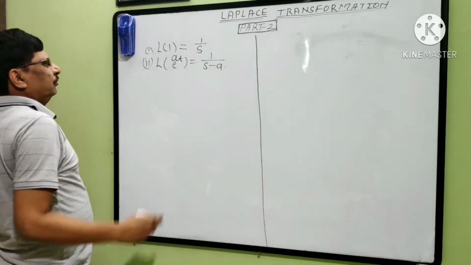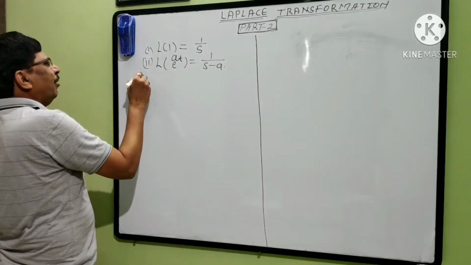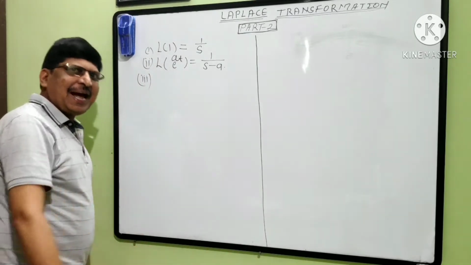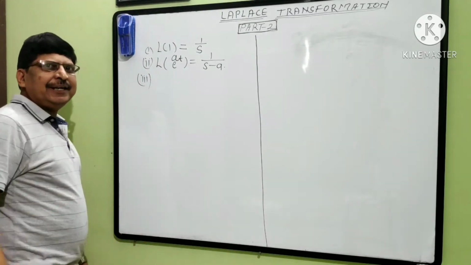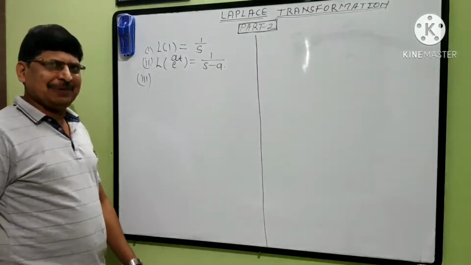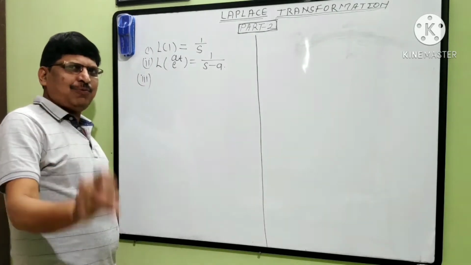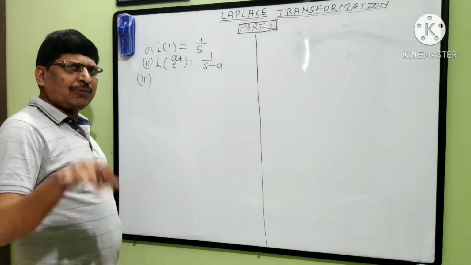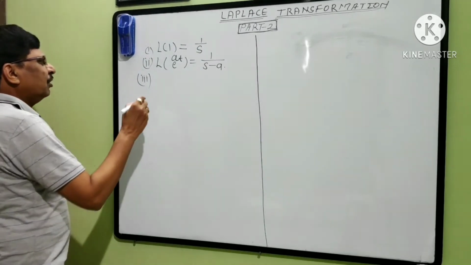Also we have defined the trigonometric, circular as well as hyperbolic functions in terms of exponential functions. These are important formulae in this topic because we are going to use them.